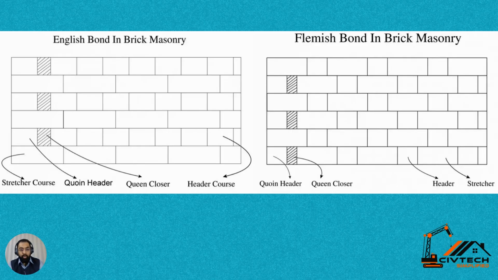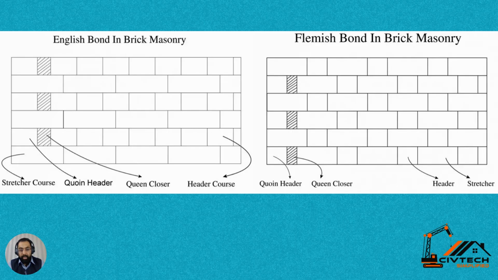You see, on your left, it's an English bond, and on our right, it's a Flemish bond. So you can see with the eyes that Flemish bond is more compact and more solid as compared to English bond. And if it's more compact, it definitely has more capacity to withstand the loads. You can also compare the making of the bond.